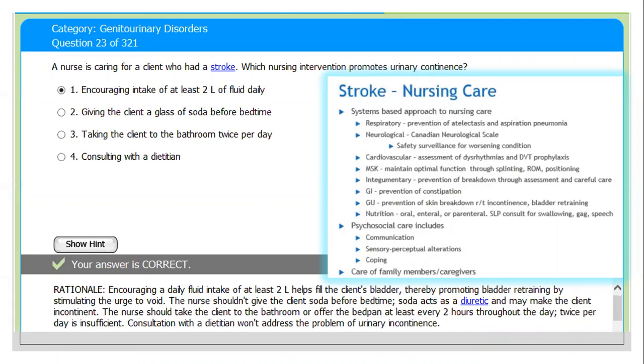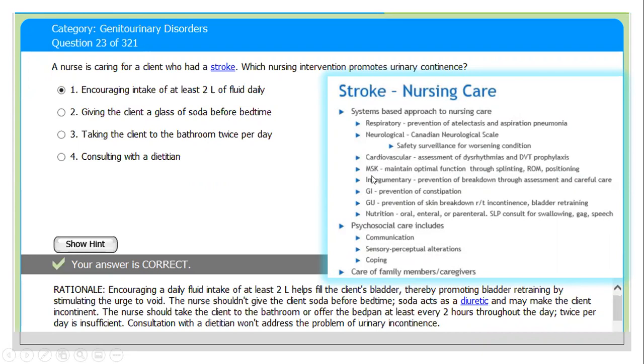Safety is a priority, and we always try to prevent falls. Also cardiovascular assessment for dysrhythmia, and we try to prevent deep vein thrombosis. We give them prophylaxis medication.